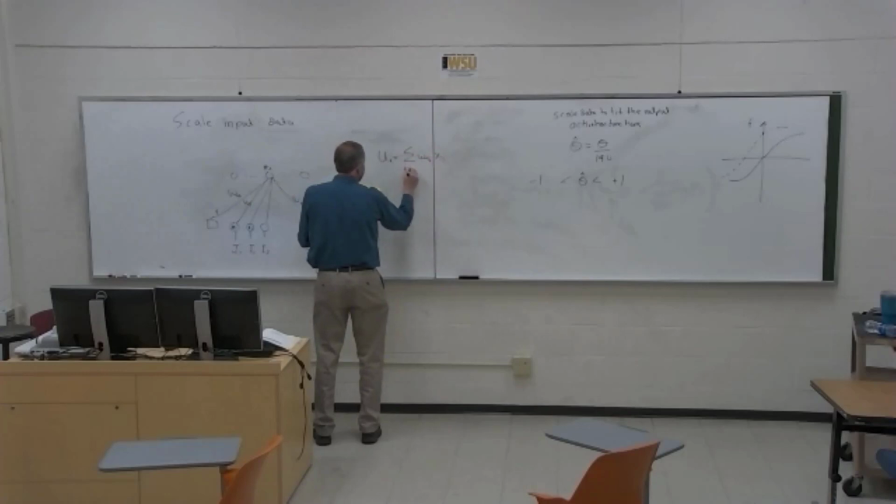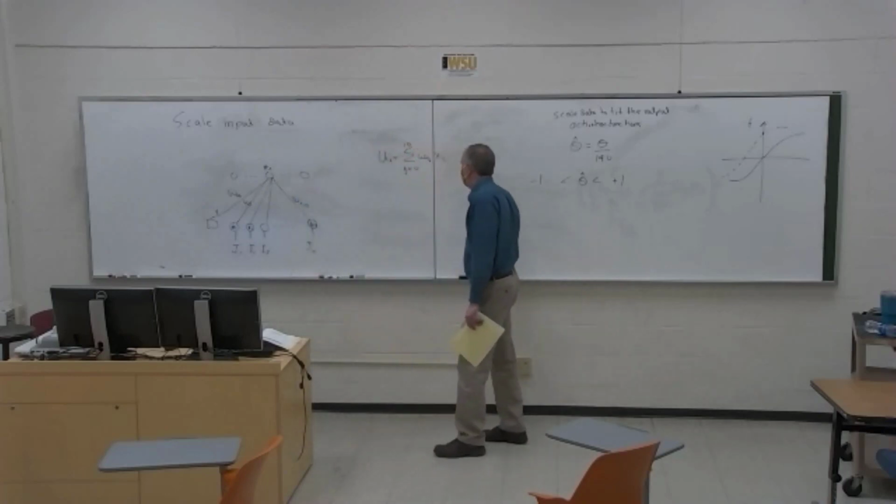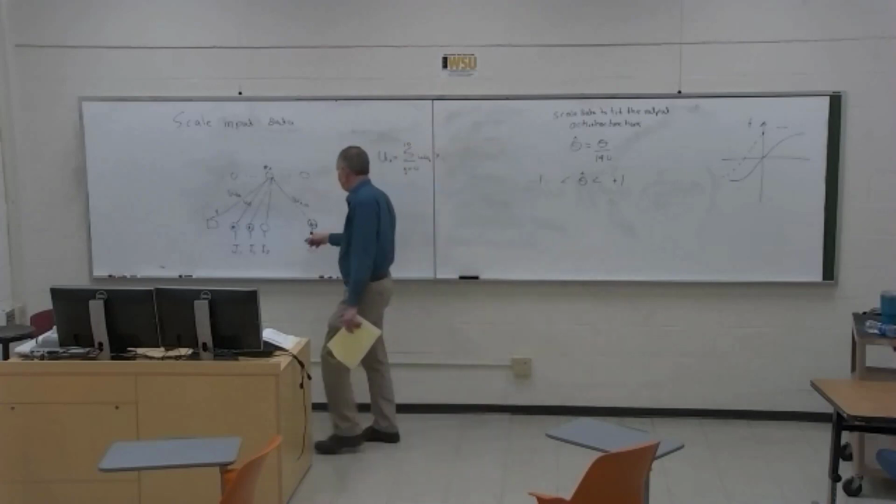Here we can be really specific. J goes from 0 to 10, right? And these X's are just the input values coming out.